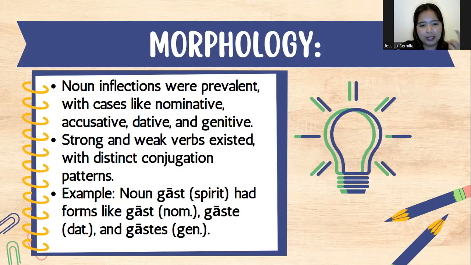For example, the word gust had forms like gust, guste, and gustes. So when you add another letter, another inflection to the noun, the word becomes different already. The meaning of the word becomes different already. So that is under morphology.